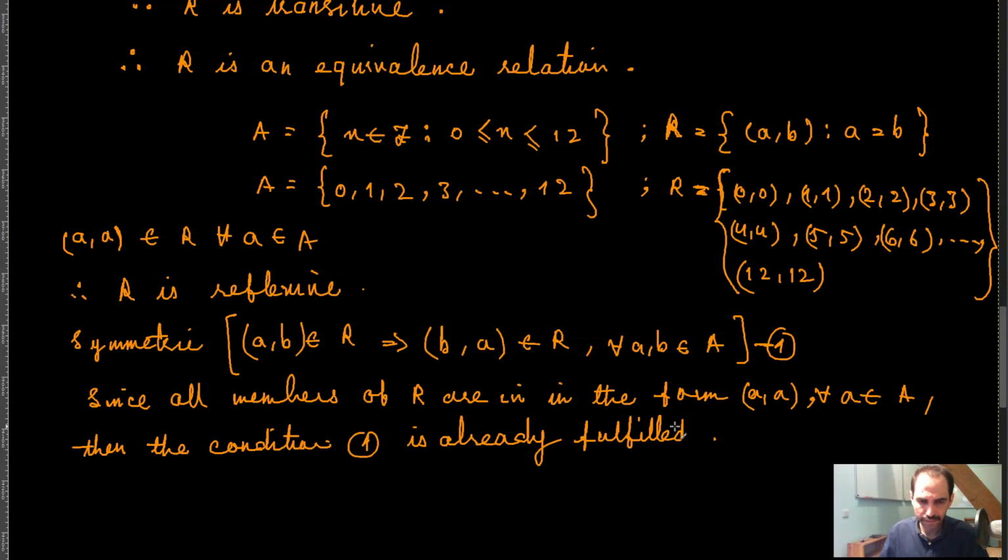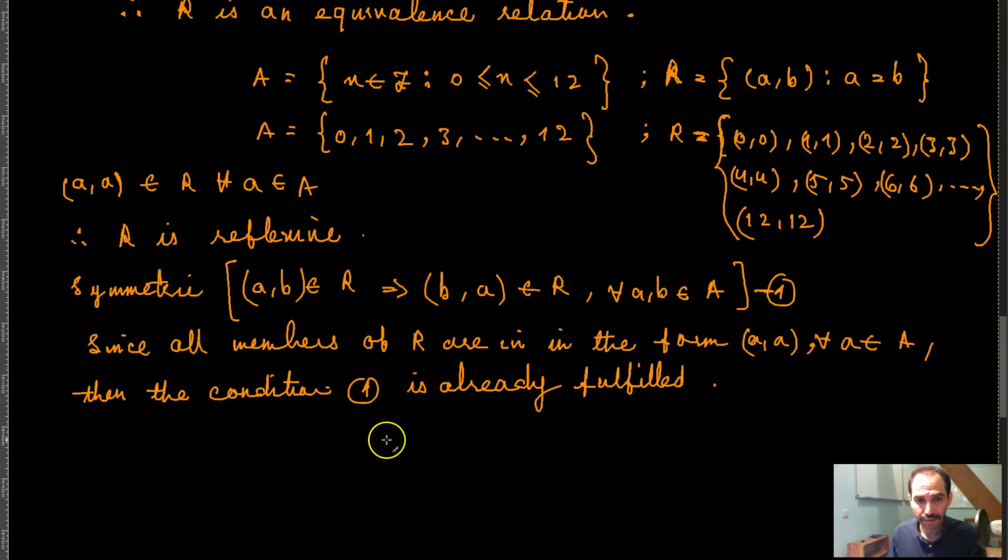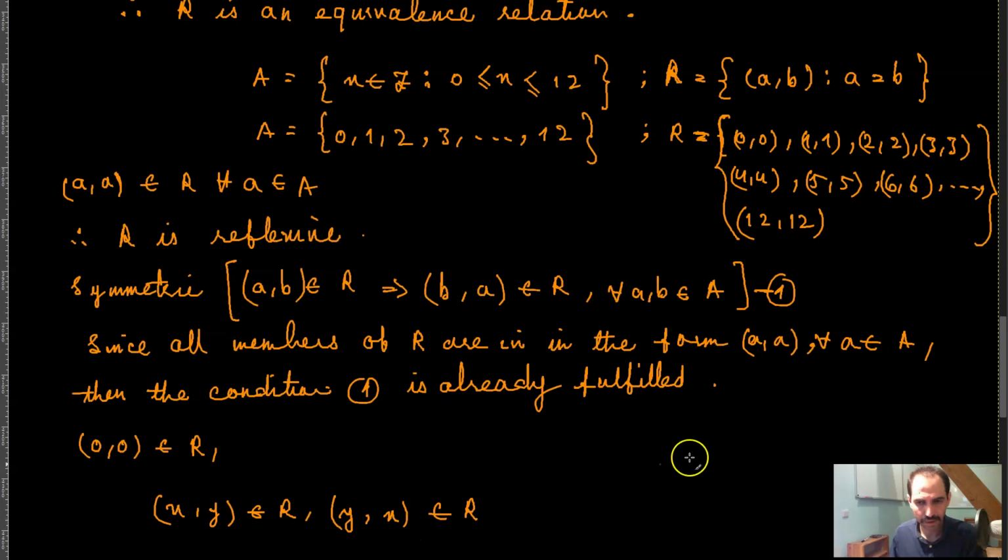What that means is that, for example, if you imagine that 0 comma 0 belongs to R, then basically, if you say that x comma y belongs to R, then for R to be symmetric, y comma x has to belong to R as well, right?